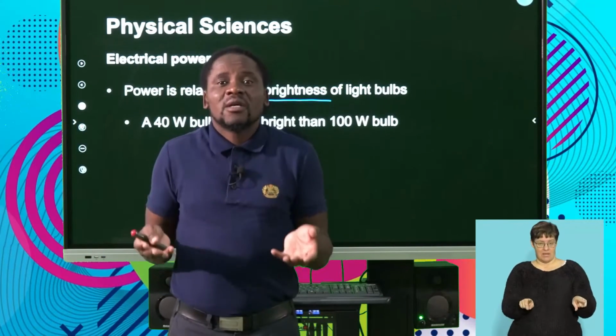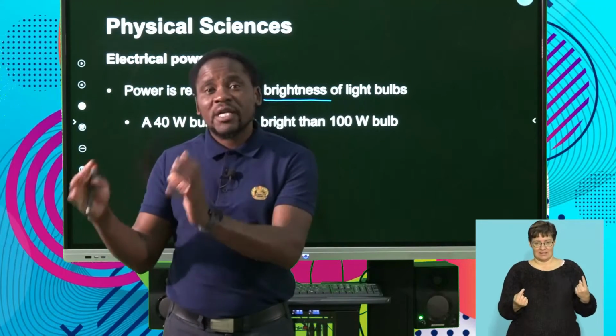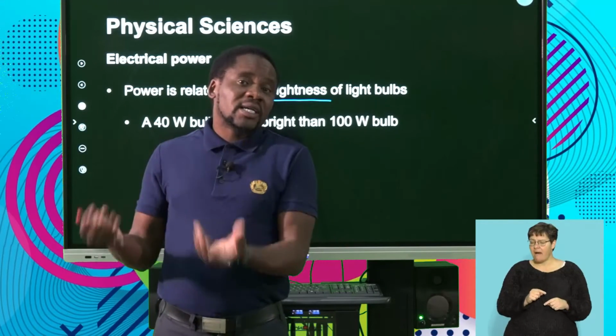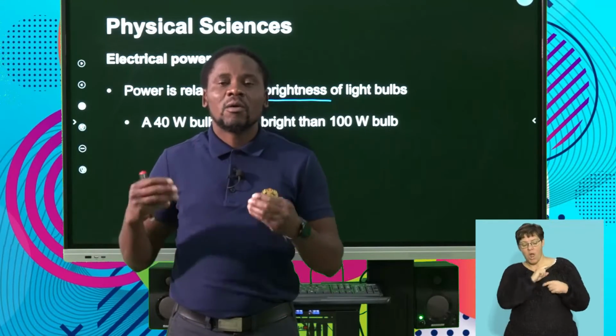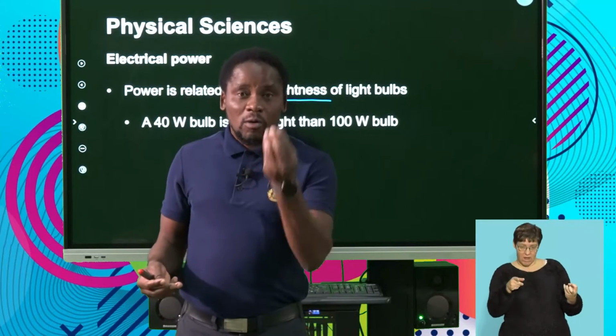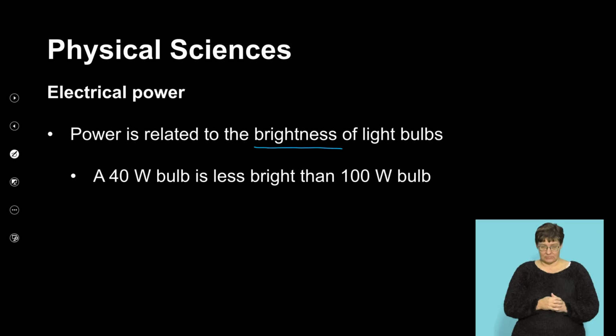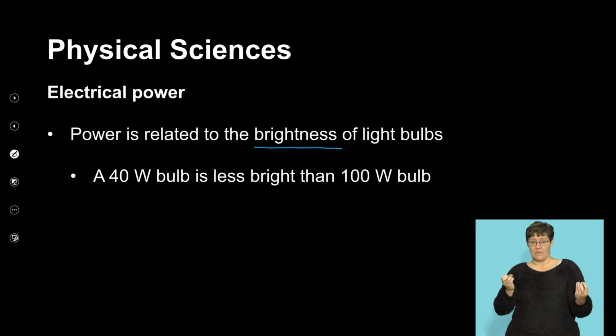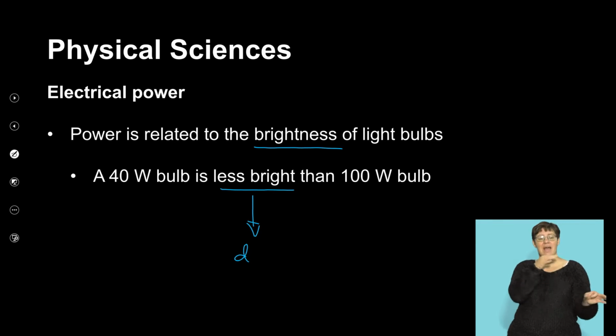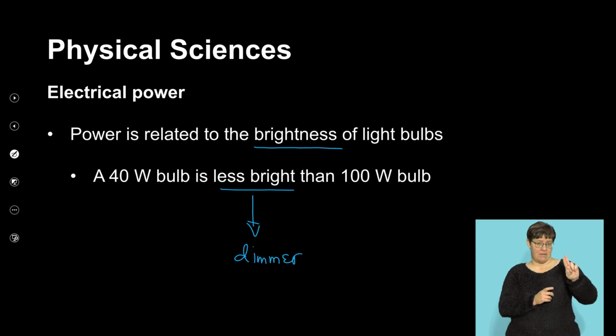So we cannot quantify brightness, but this brightness can, to a greater extent, be an indication of the electrical power of an electrical component. Right. So let's say, for example, we can talk about a 40-watt bulb, which is less bright than a 100-watt bulb. So if something is less bright, we can describe it as dimmer. So if something is dimmer, it means it is less bright.